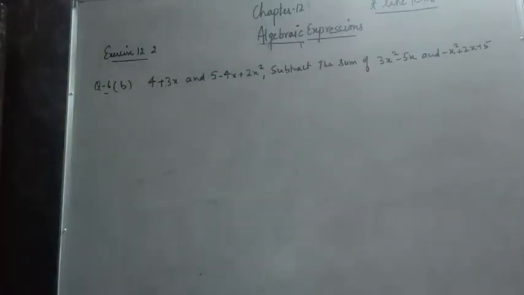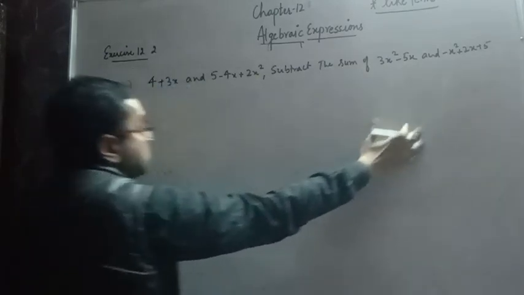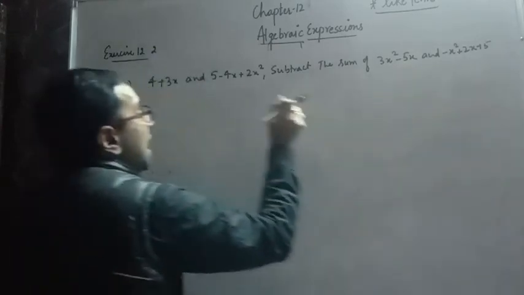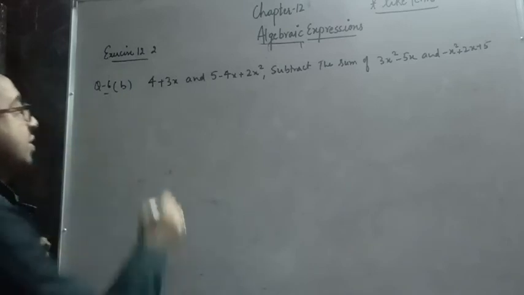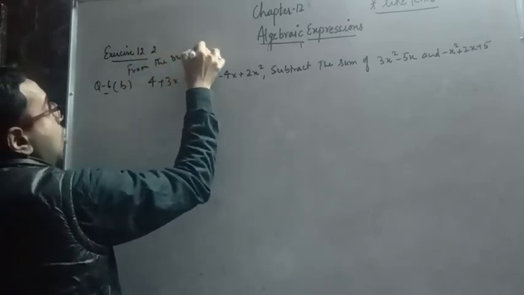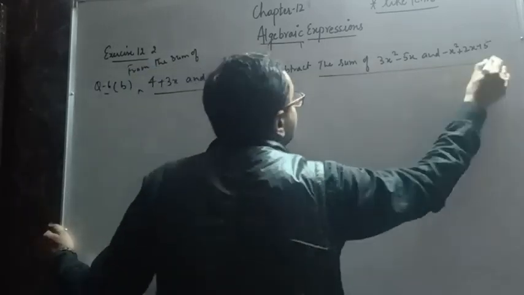Looks like a very difficult question, but it's very easy. From the sum of this, subtract the sum of this. It means we'll sum up this first, we'll sum up this first, and from this, we have to subtract this.